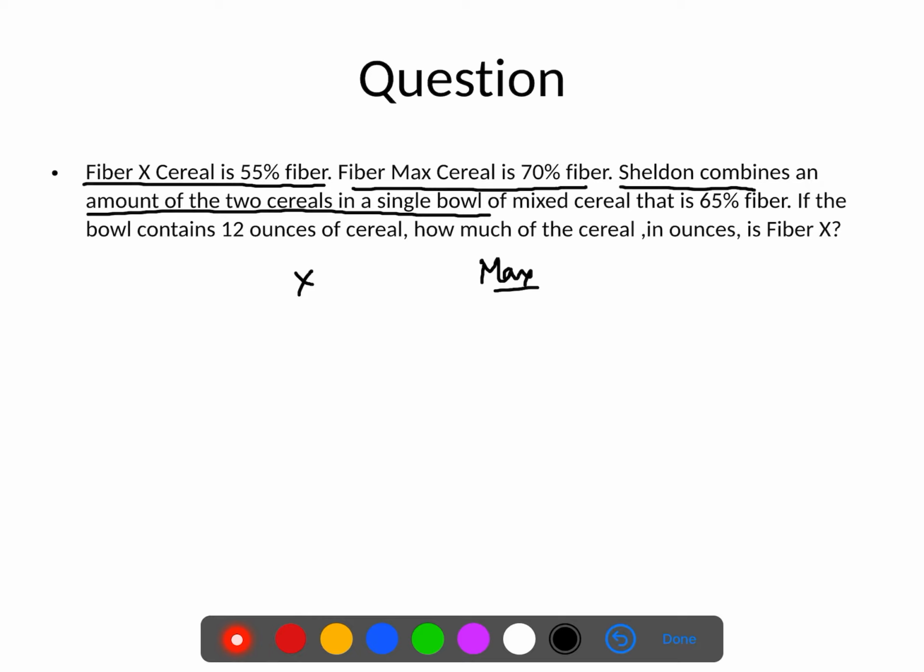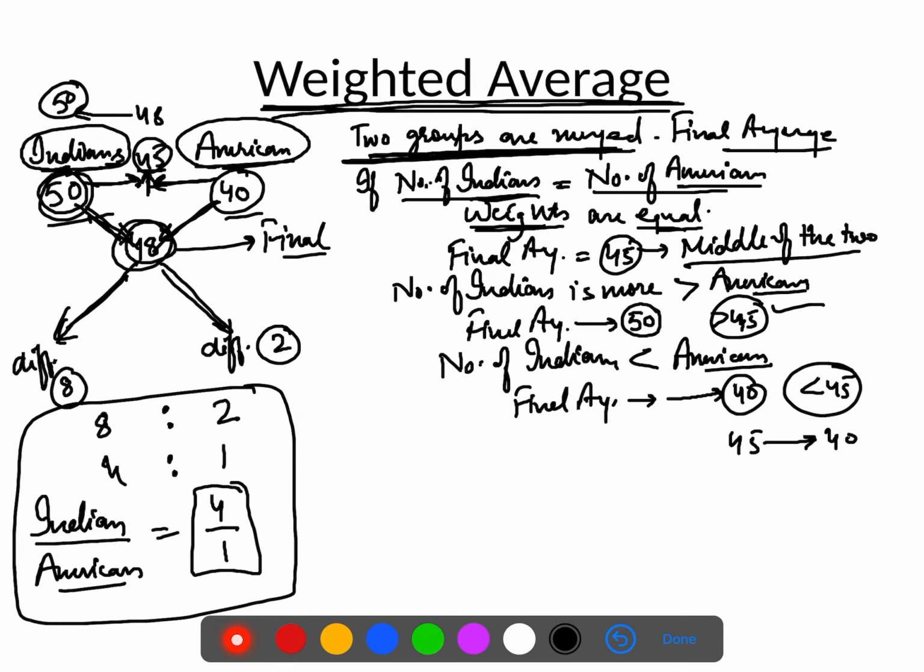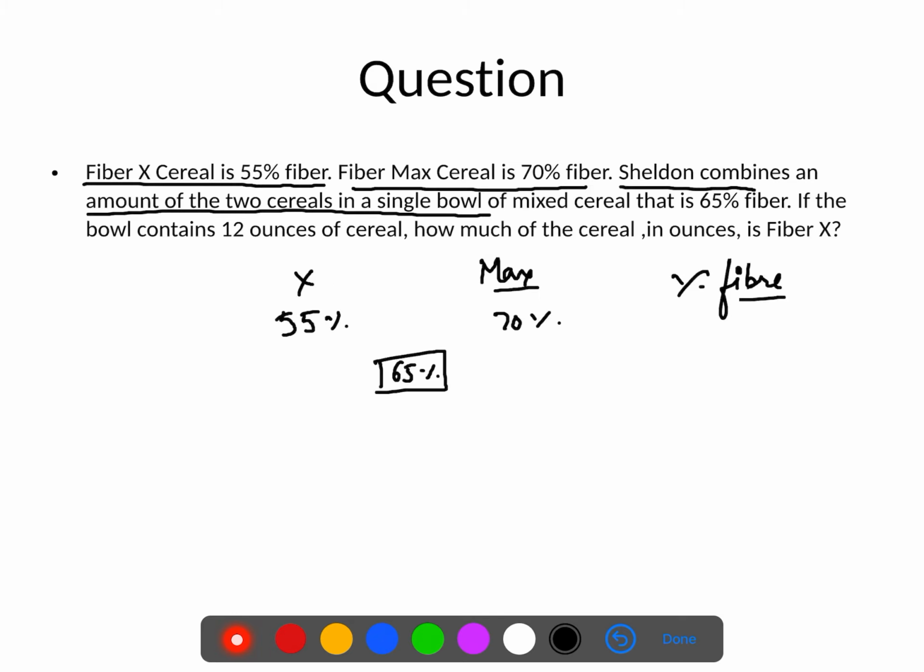So that's the situation: two groups are getting clubbed. We have 55% fiber, 70% fiber, and the final we have 65% fiber. So it's the percentage of fiber that we're talking about. In the previous question, we were talking about the average score per person. Here we are talking about percentage of fiber in each bowl. So it could be anything. The basic idea is two groups are getting clubbed to make a bigger thing.